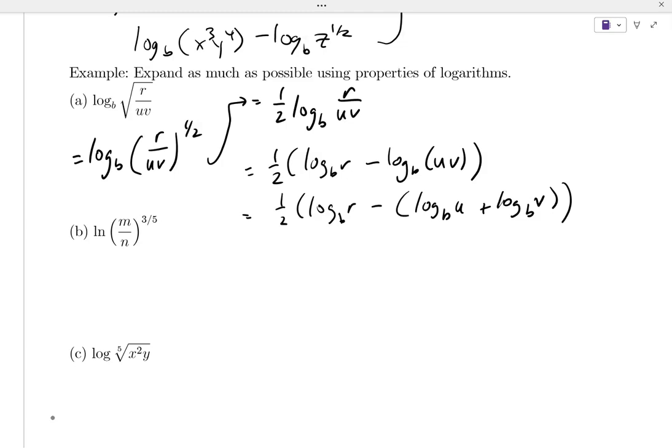That's probably broken down as much as you can get. You could, if you don't like all the parentheses, distribute the minus through and then distribute the 1/2 through, but this is perfectly fine the way it's written.